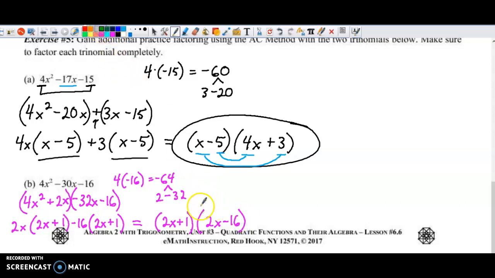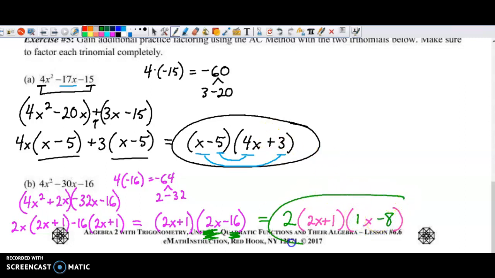However, this is what I was trying to say earlier, I didn't consider the greatest common factor of this first piece. So what I should have done is factored out a 2 out of that. The 2x plus 1 I can't change, but by factoring out a 2 there, that piece would have come out to be just 1x minus 8. So this is your best answer. And you don't even have to write the 1 in front. You can just leave it as x minus 8. So I'll erase that. And that is your perfect answer.